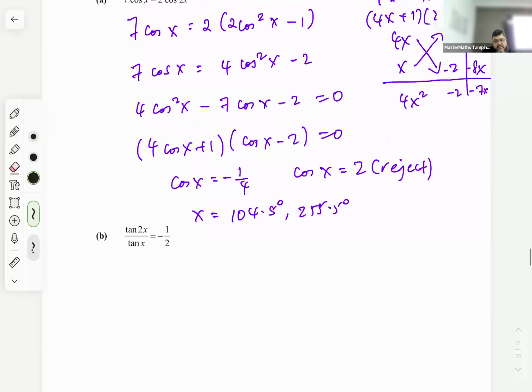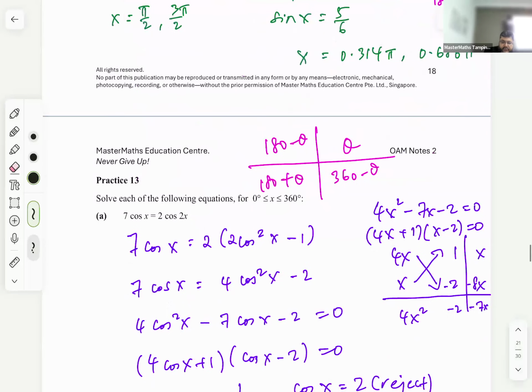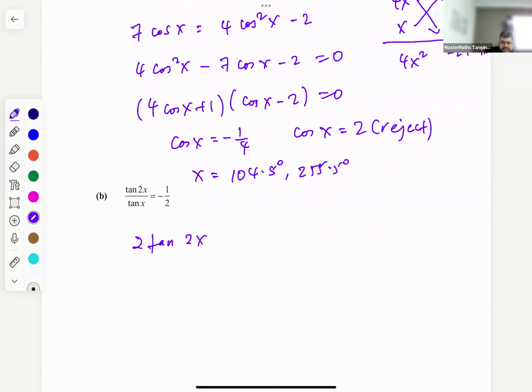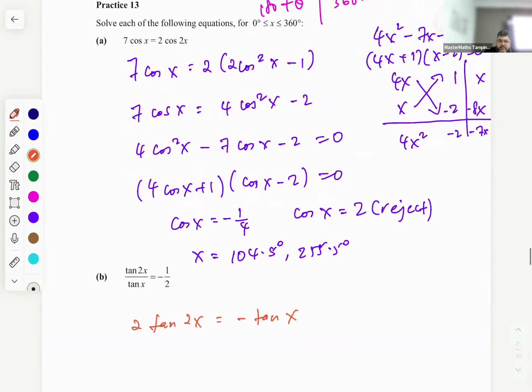I will use another color, orange. 2 tangent 2x is now equal to negative tangent x, and tangent 2x, you have the formula.